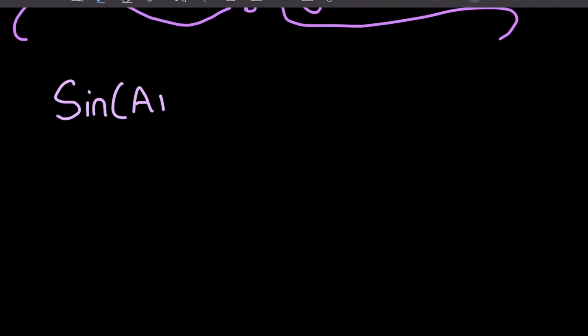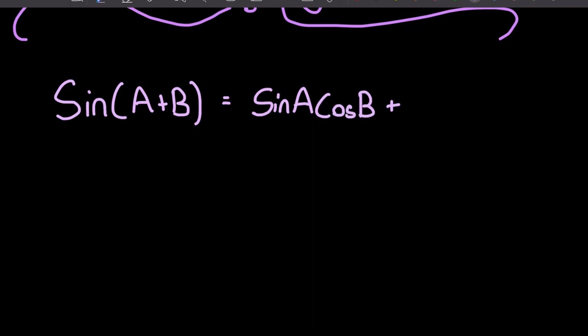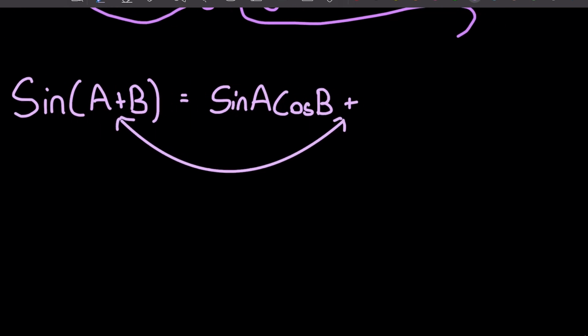We have an expansion for sine a plus b, and this is sine a cos b, plus, following the sign that's here, these two signs have to be the same in this situation, plus, and now we're going to invert which one's first. The first one is sine a cos b, so in the second one it will be cos a sine b. Okay, and that's the very first one that you need to know.